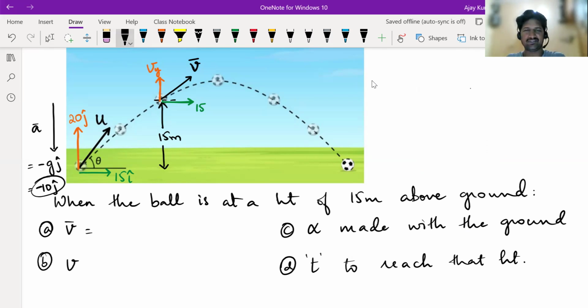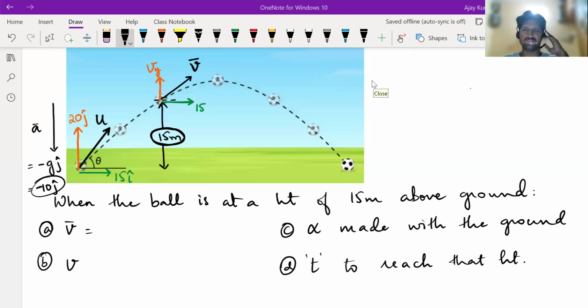We discussed just before I gave this question. We know the height. Making use of the height, how to calculate the y component there? Okay, anybody else?